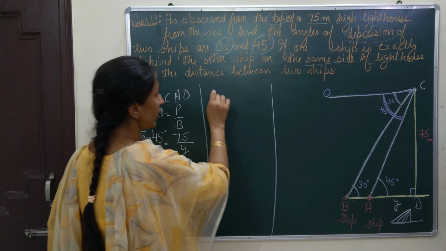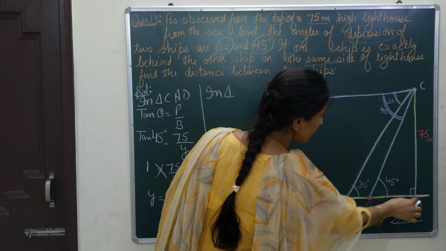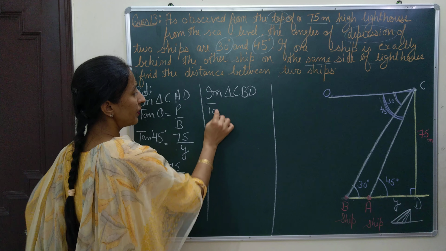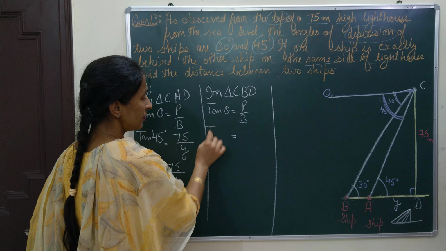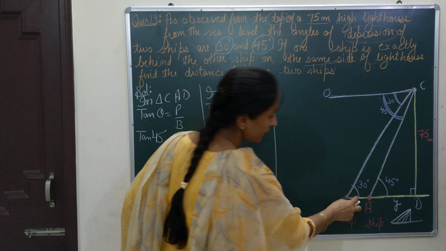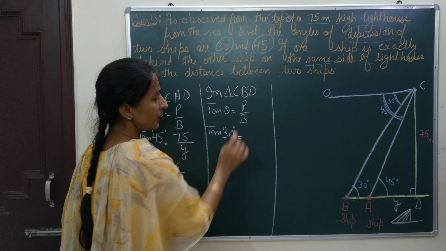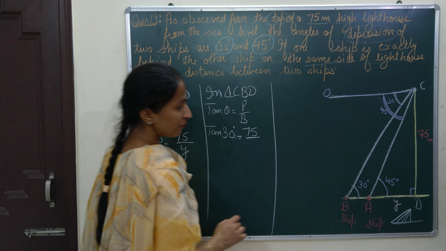Let us take another triangle, the bigger triangle CBD. Tan of theta is perpendicular by base. What is the angle for the bigger triangle? It is 30 degrees. The perpendicular here is the same, 75. But what about the base?